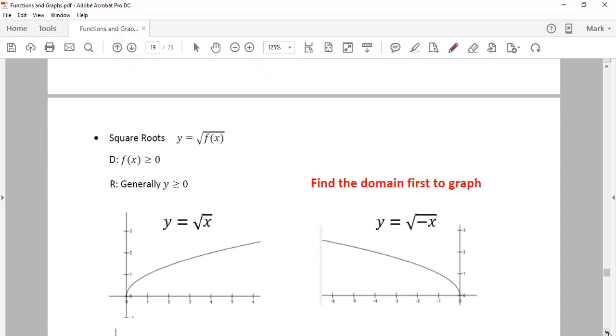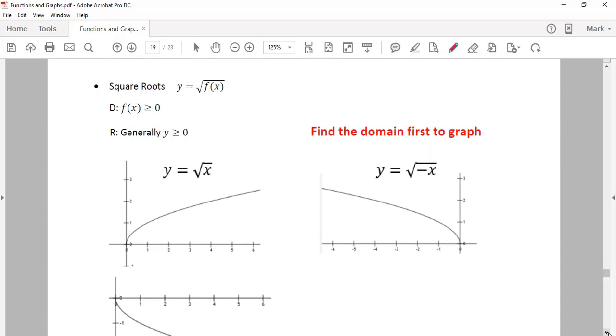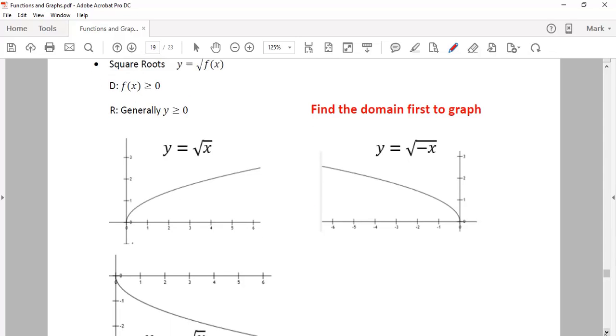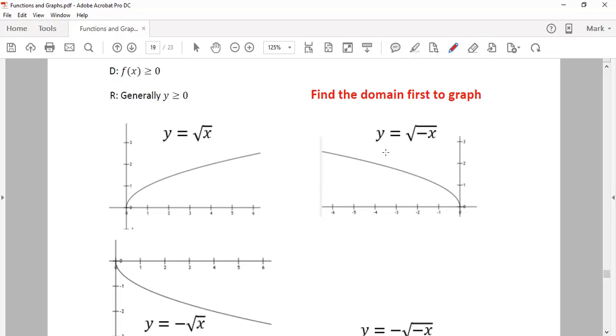Alright, so now we're going to move on to square roots. So the basic square root y equals square root of x looks like that. So we know the domain there is x greater than 0, y is greater than 0. So y equals square root of negative x. So you might think that this is not possible, but it's only possible if we sub in a negative number, because two negatives will make it positive.